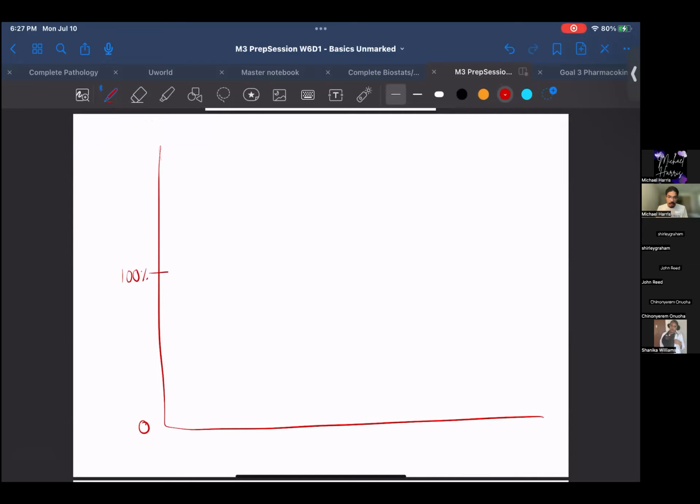However, over time, it will divide by half due to half-life. So now you're sitting at 50%. Does that make sense?